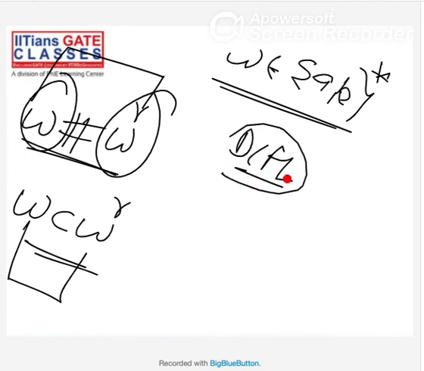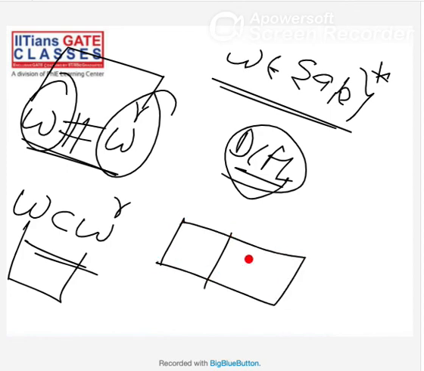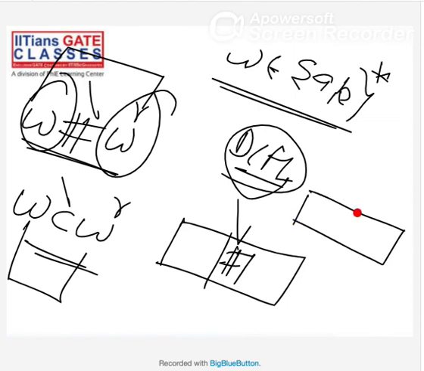This is DCFL. Why? Because now you know where the middle will come. The middle will come when you see the hash symbol. This hash symbol will tell you the middle has come. Similarly here, the symbol C will tell you that the middle has come. So now the push and pop is very clear.